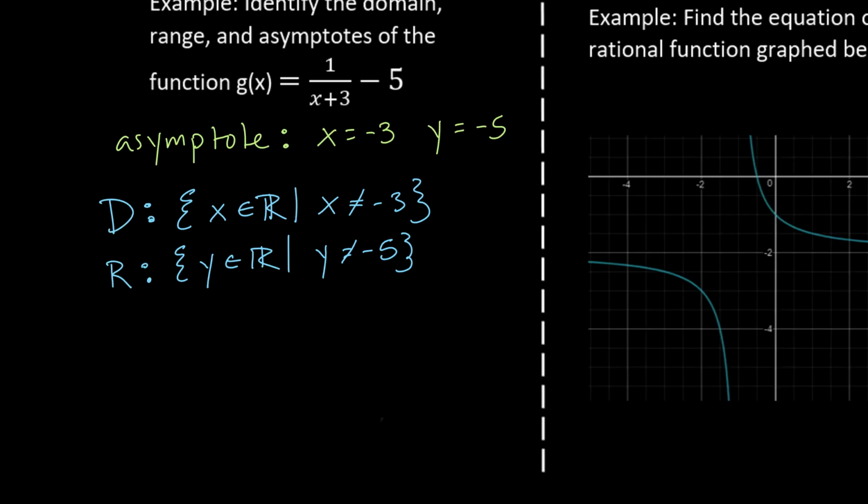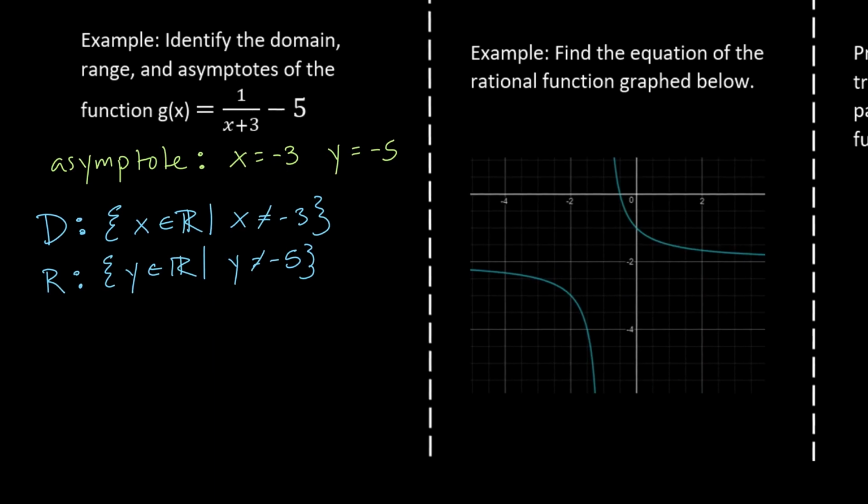Asymptote is a line on the graph that your function never touches. So your x value can never be that vertical asymptote, and your y value can never be that horizontal asymptote. They just determine what the values cannot be.